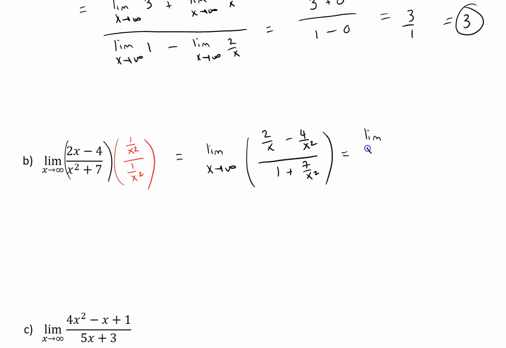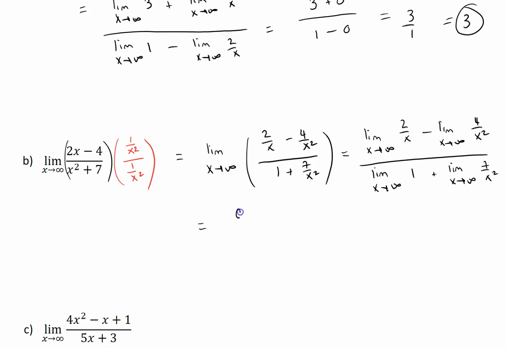So this is the limit as x approaches infinity of 2 over x minus the limit as x approaches infinity of 4 over x squared divided by the limit as x approaches infinity of 1 plus the limit as x approaches infinity of 7 over x squared. So again, I have a constant and all of the other limits are that c over x to the r. So I get 0 minus 0 over 1 plus 0, which is 0 over 1, and that's 0. So my answer here is 0.